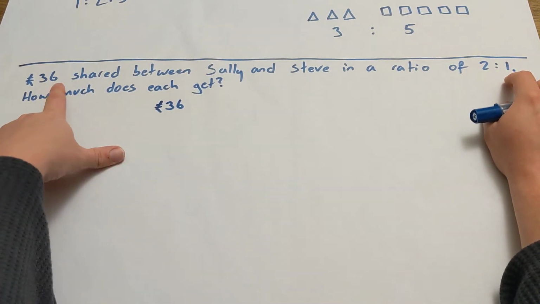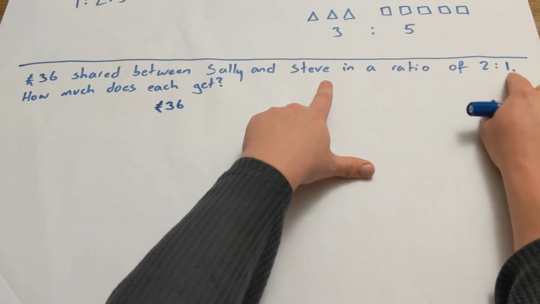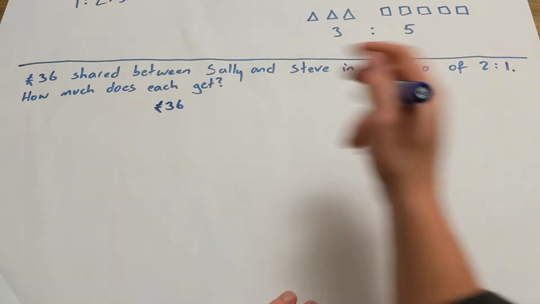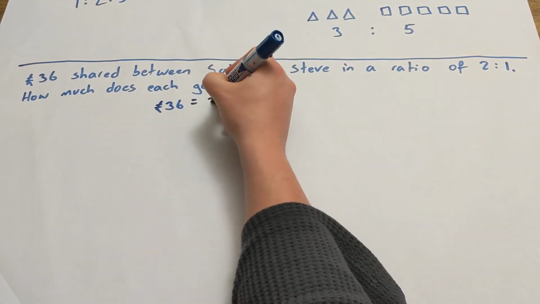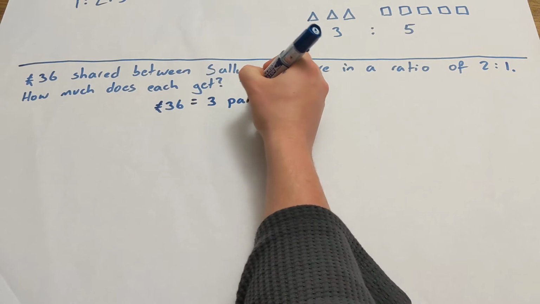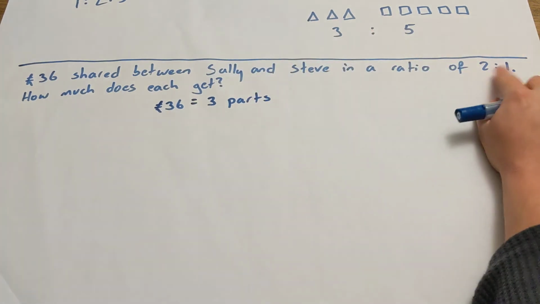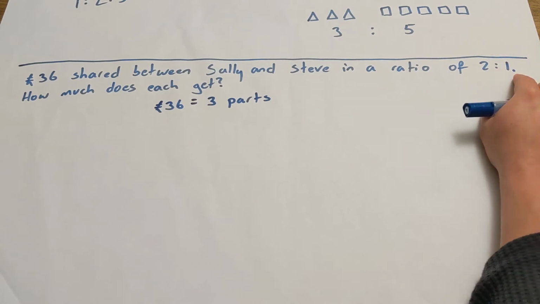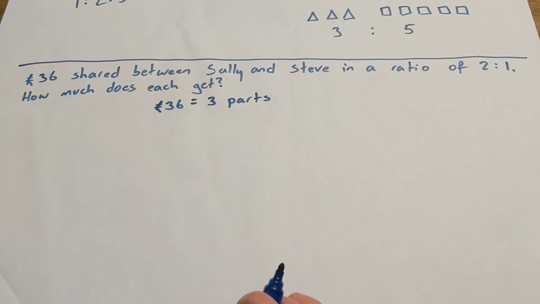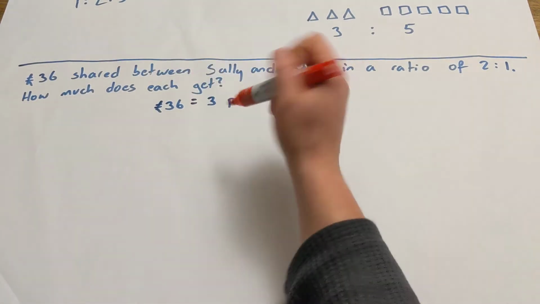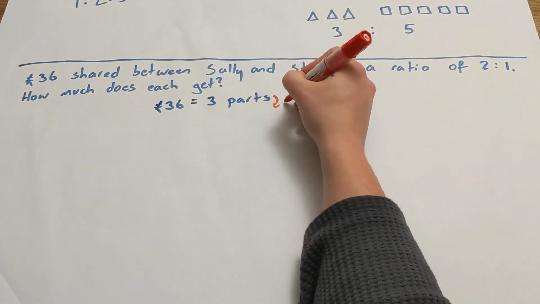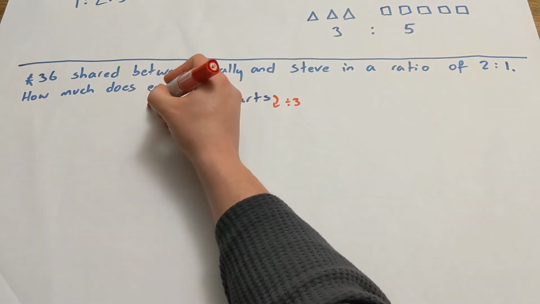Well, the £36 is being shared between them in this ratio. So the £36 represents the total. So the £36 equals 3 parts, because there's 3 parts being shared here. Someone's got 2 of them, someone's got 1 of them. So the first step is to work out what 1 part equals. So if £36 equals 3 parts, the way to work out 1 part is to divide by 3.